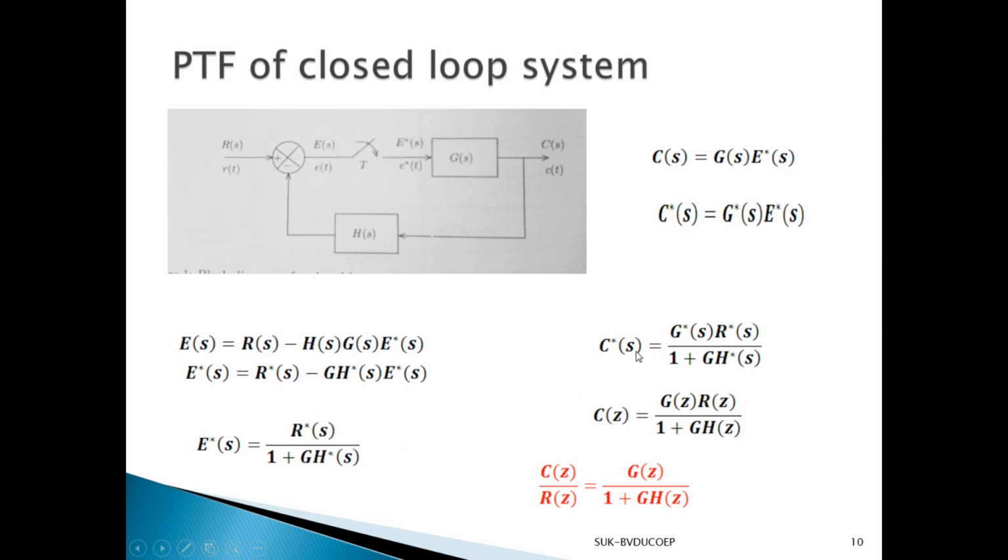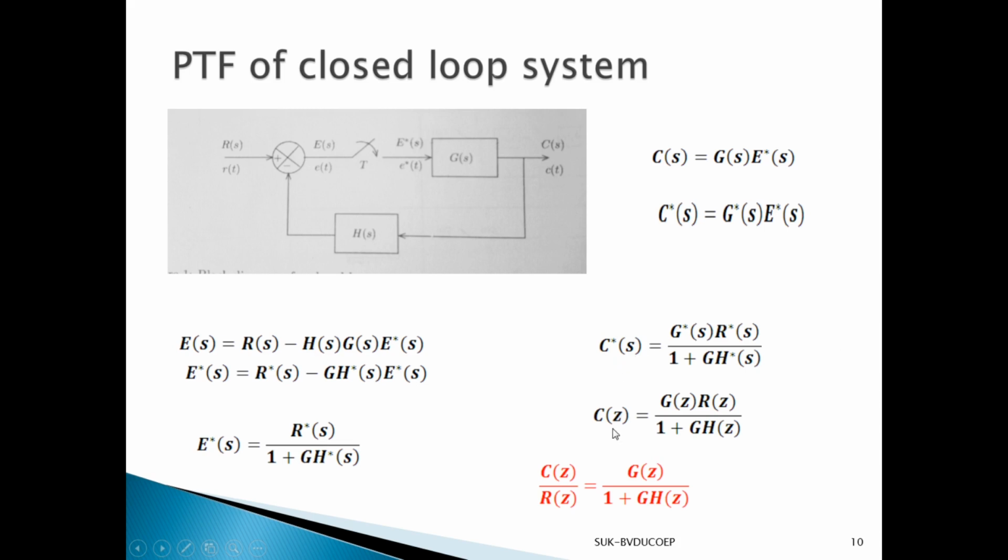Now I require the closed loop transfer function C by R. So C star(s) is equal to G star(s) into E star. So I am putting this E star here, R star upon 1 plus GH star(s), and then I get this.